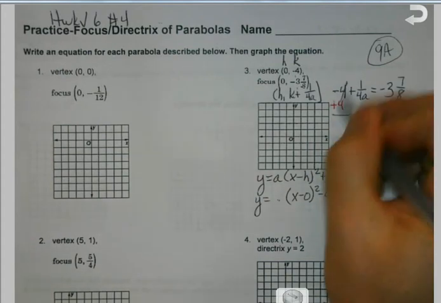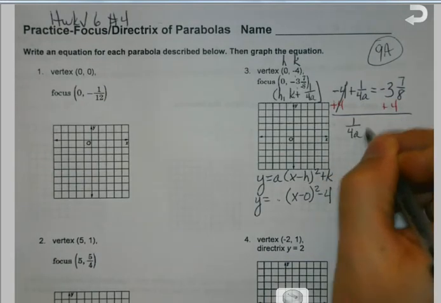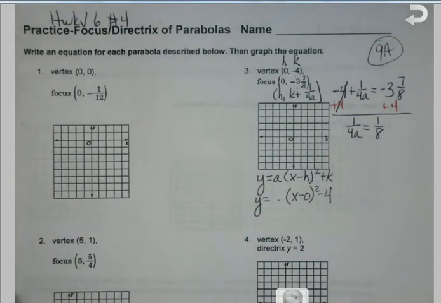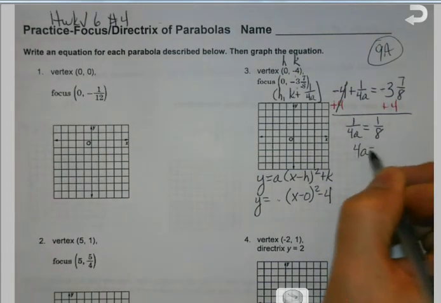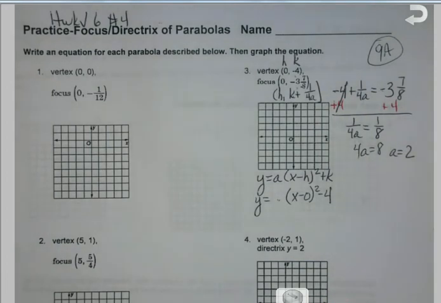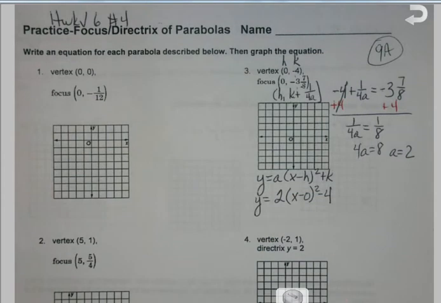When I add that 4, I've got 1 over 4a. 4 minus 3 7/8 gives me 1/8. And now to solve it, 4a equals 8, so a equals 2. Once I have my a, I pop that into the front, and I can be set.